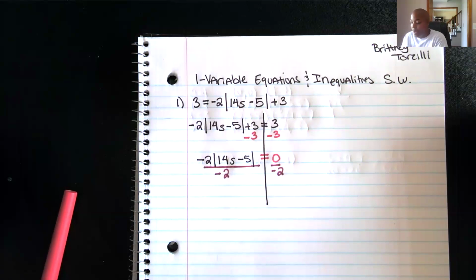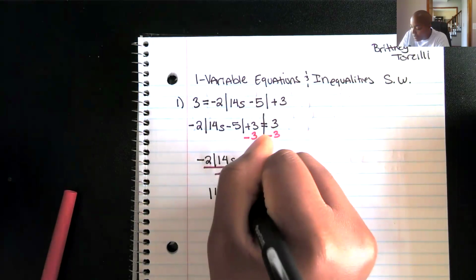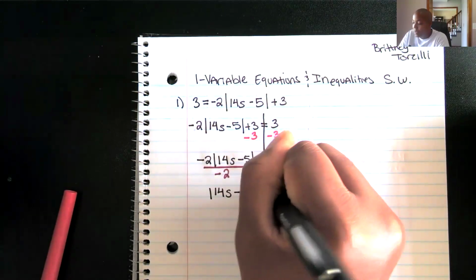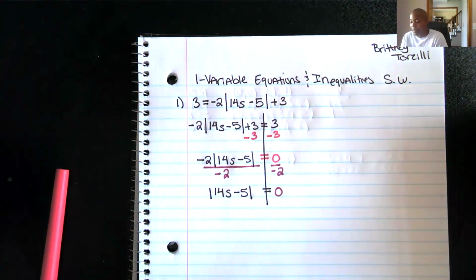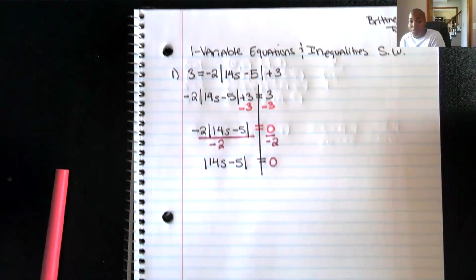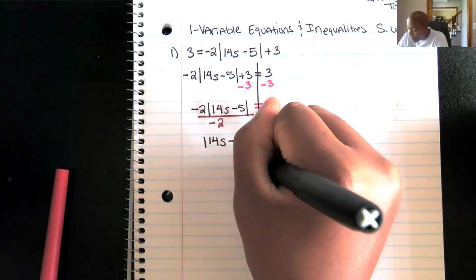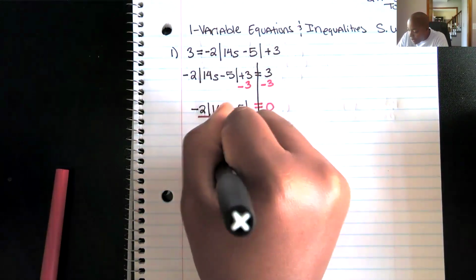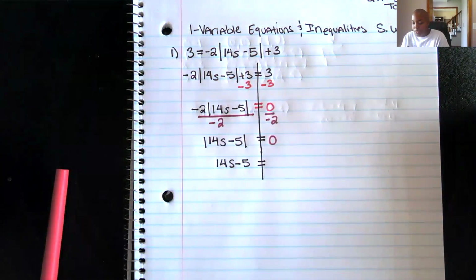So now we're left with our absolute value, which is 14s minus 5, is equal to 0 divided by -2, which is still 0. Since the absolute value is 0, we just need to take the absolute value bars away and solve for s. So we have 14s minus 5 is equal to 0.